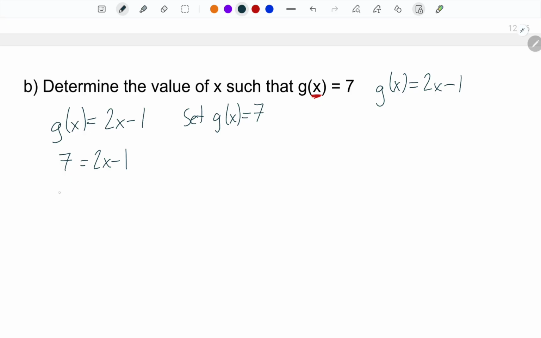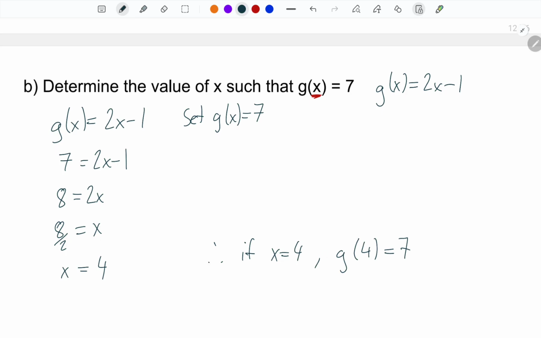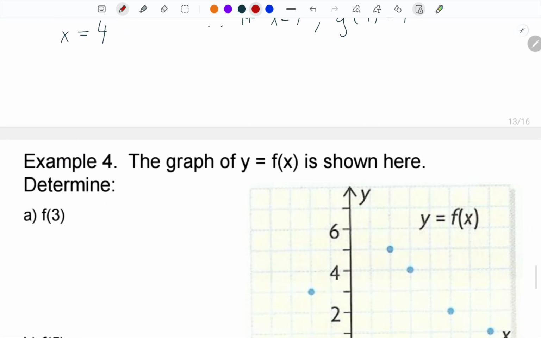So just rearrange, move the 1 over, which will become 8. Divide by 2. And so 8 divided by 2 is 4. So therefore, if x equals 4, g of 4 is going to be equal to 7. Or just go ahead and check that out. When you plug in for 2x minus 1, 2 times 4 is 8, minus 1 is 7.